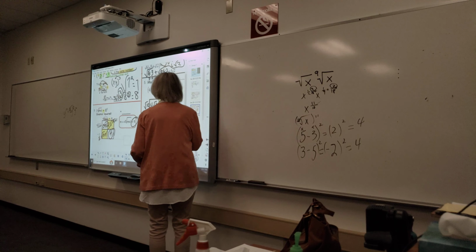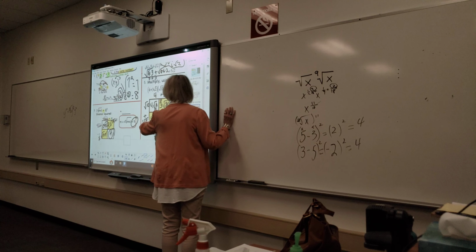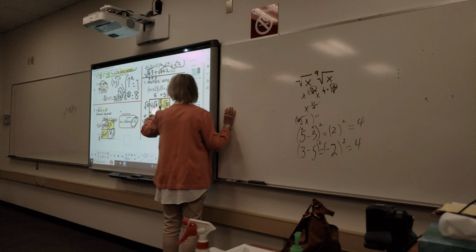Right. Okay, it's 2 times 5. 2 comes out, and 2 times 3 is 6. 6 radical 5 plus 4 radical 5. Do you see this? Yeah. There's your 10 radical 5.